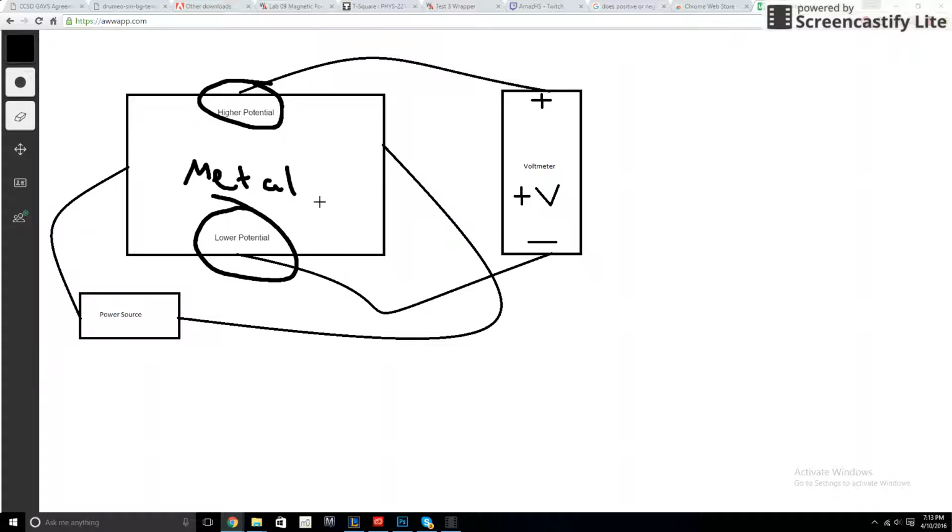It's different than the power source drive. The power source drive is moving side to side horizontally. There's a perpendicular field that's moving charges up and down in order to create these potential gradients vertically across this piece of mobilized metal. So in reality, there are positive charges up here at higher potential.